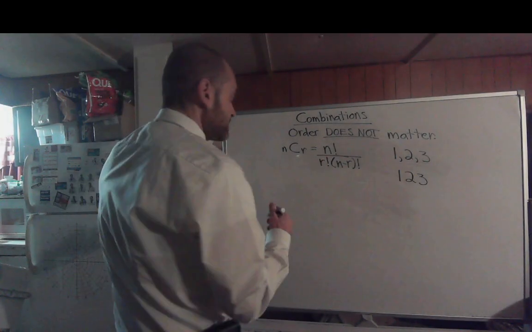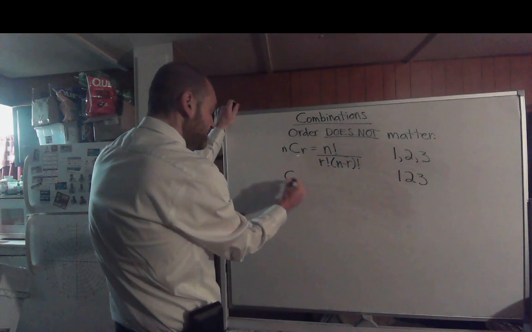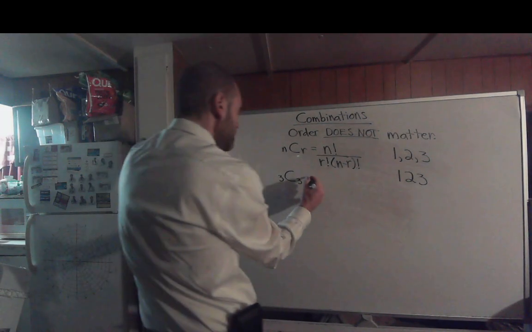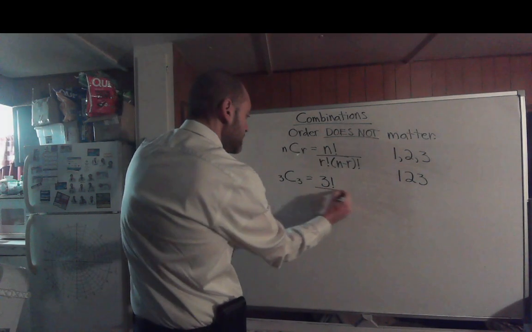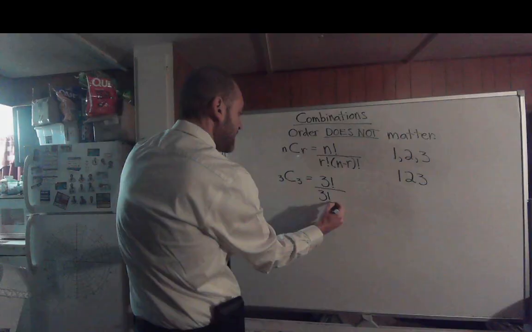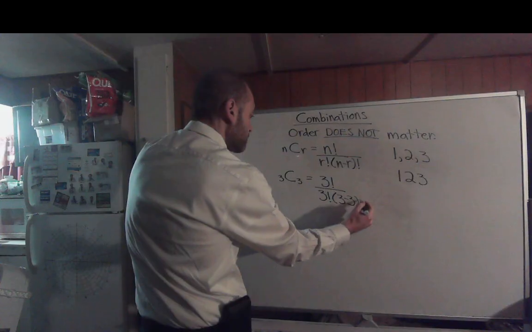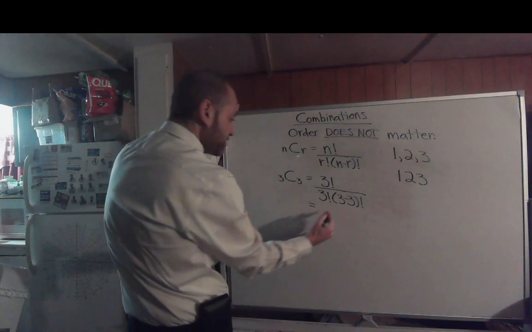That's all it is. So for this particular example, I'm taking the combination of those three numbers, all three at a time. So that's going to equal 3 factorial divided by 3 factorial times 3 minus 3 factorial. Well, your 3 factorials are gone.